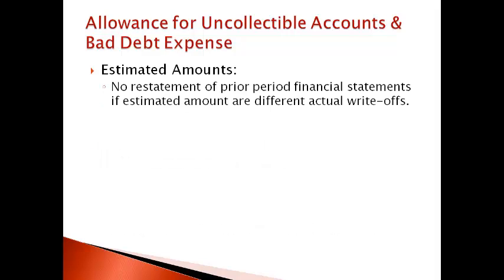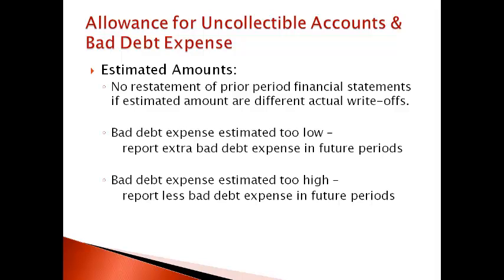Always remember that reported amounts for bad debt expense and the allowance for uncollectible accounts are estimated amounts. A company does not go back and restate prior period financial statements when the estimated amount is different than what actually occurs. Inaccurate estimates are corrected in future periods and reported on future period financial statements.